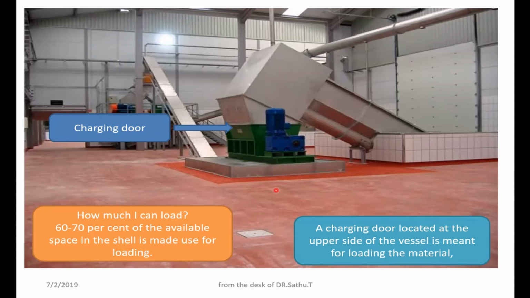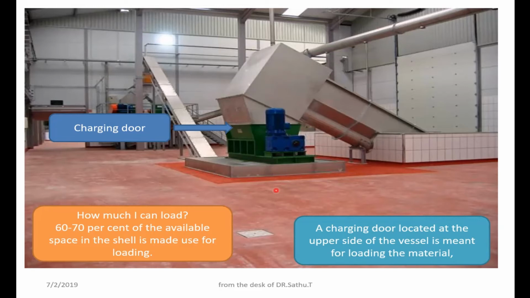The discharge door should be closed properly, which I hope you understood from the last class. Then see that the agitator is on before the charging, and that it is rotating in the clockwise direction.